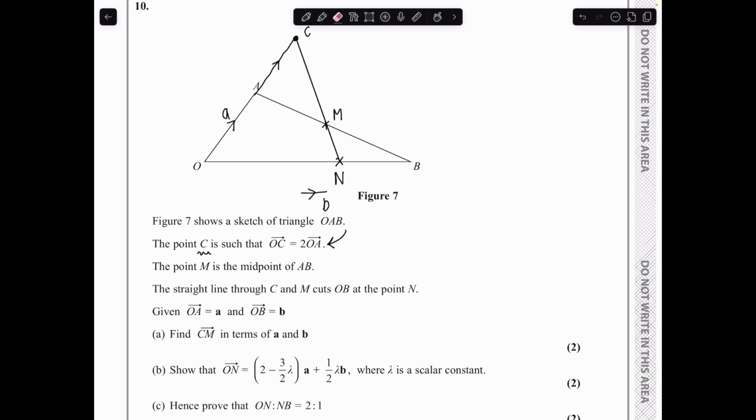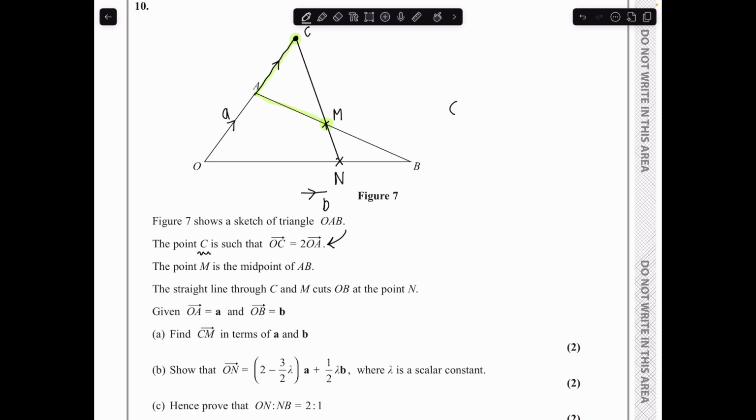So the first thing that we want to look at when it comes to vectors is what path can we take? So we're going to go from C and we're going to go to M here. Now, what different ways can we do this? Now, one way we could do it is just by going back here and then going that way.